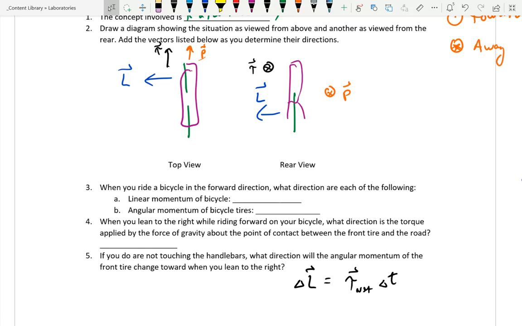But at highway speeds, you have enough angular momentum involved that if you try to turn it yourself, you're probably just going to knock yourself down. Why don't you just lean your body? Because you push it this way, so you're creating an upward torque.